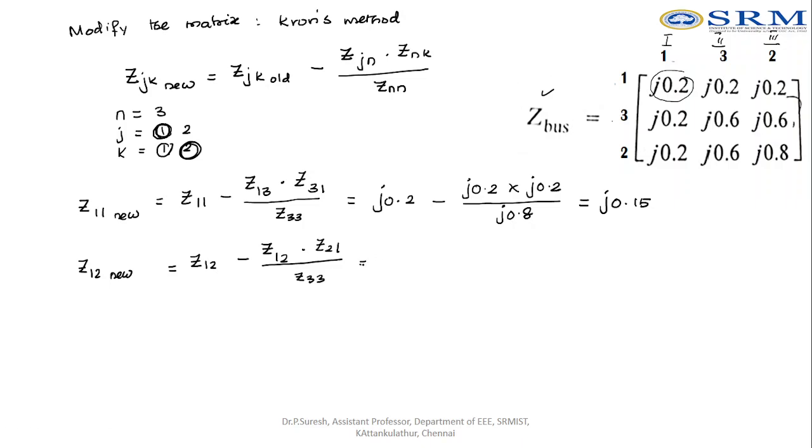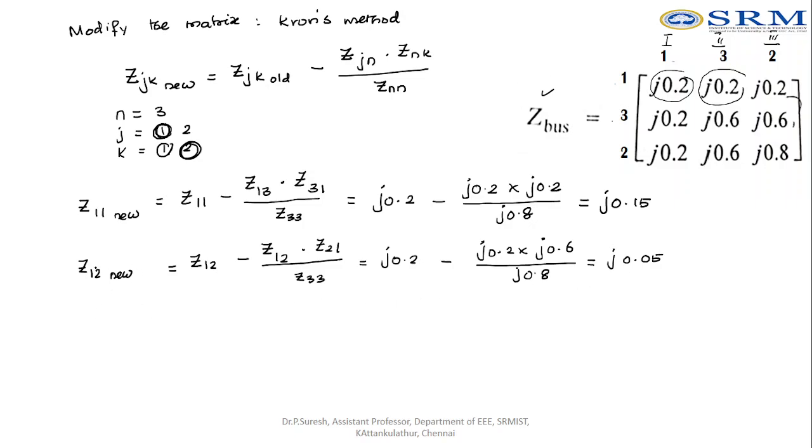So substitute the values. Z12 is j0.2, minus j0.2 into j0.6, divided by j0.8. If you find the value, it is j0.05.